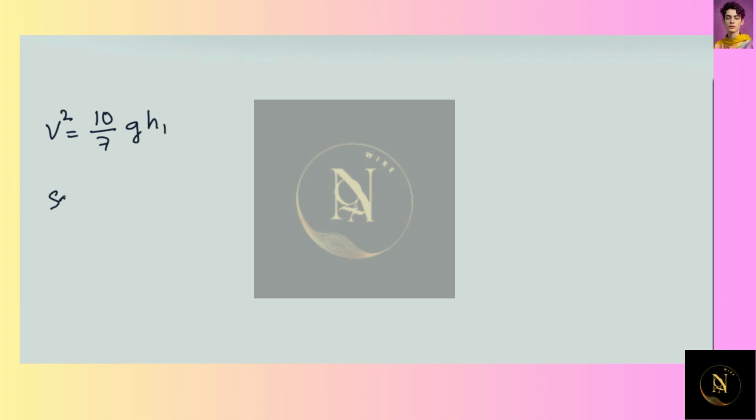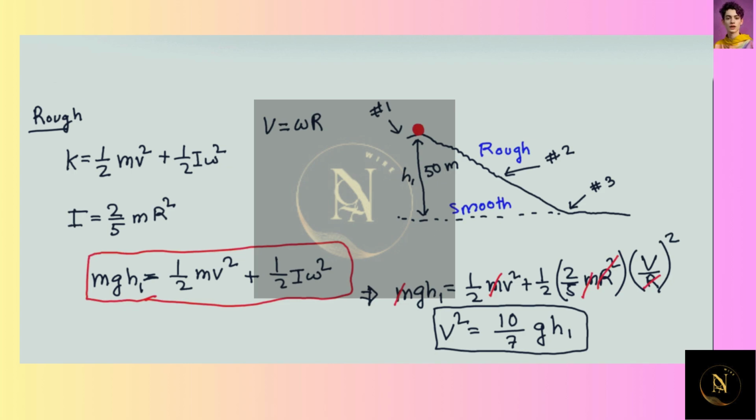We'll see in a second how we're going to use this information. To use it, we now have to deal with the smooth part. In the smooth part, the boulder is around here, so we do the energy conservation at this point and when the boulder reaches the foot of the hill.